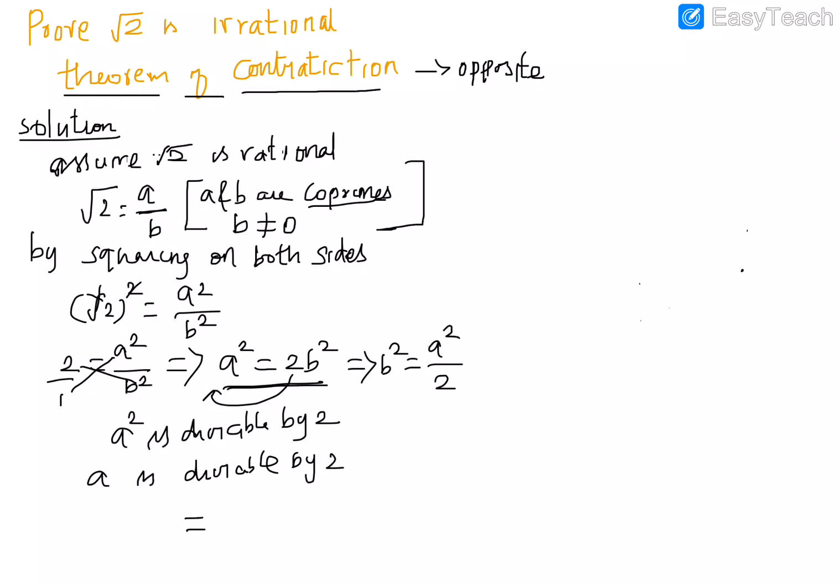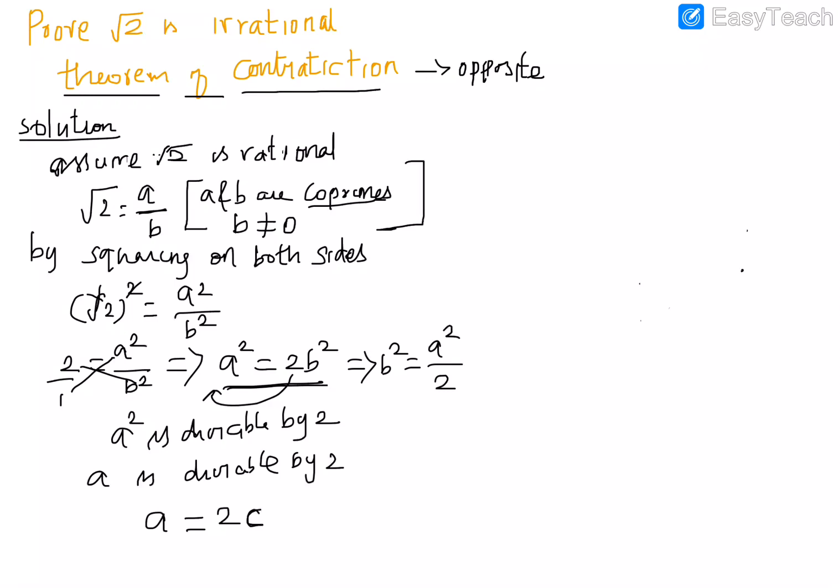Once a is divisible by 2, we can assume a equals some value, because a can be some multiple of 2. So for example, I take c for the multiple. If c equals 1, a equals 2.